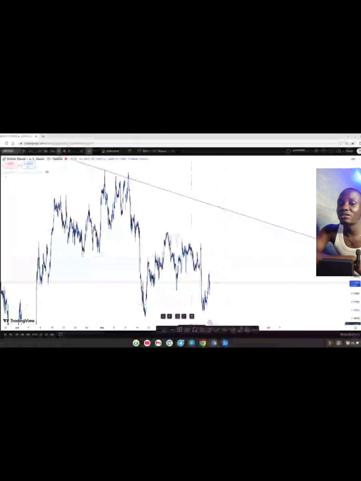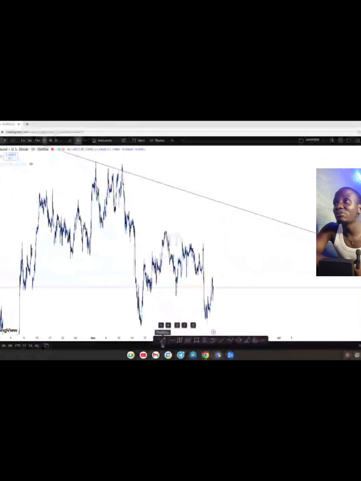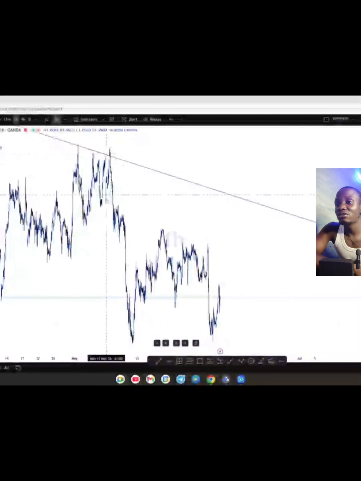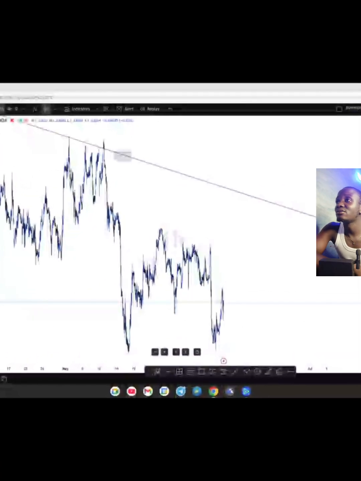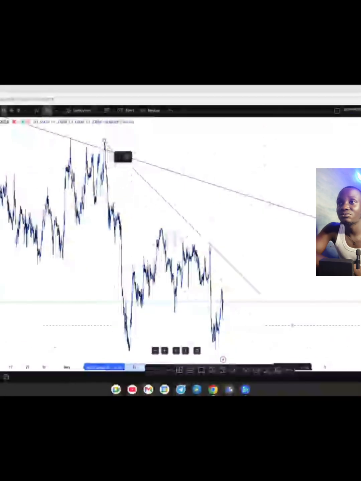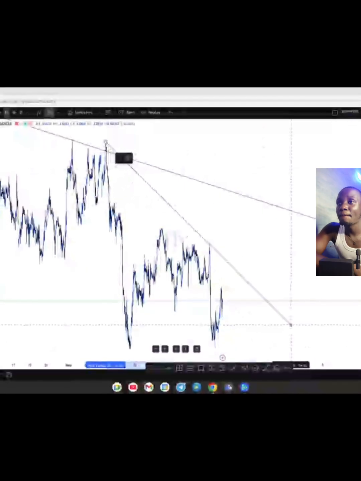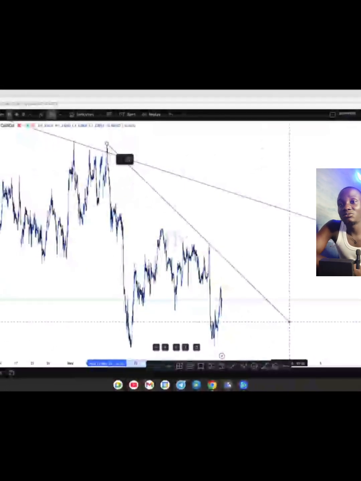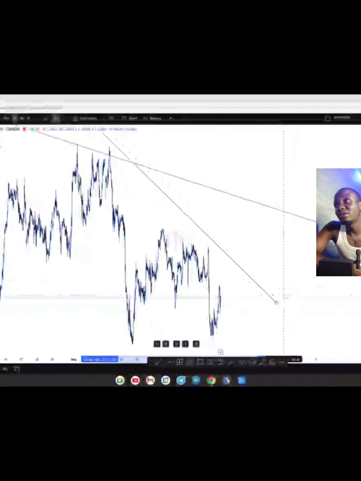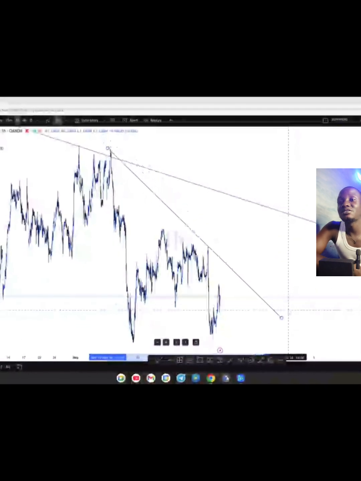In this 1 hour counter trend line, I will mark out this point, and to this one. So that's what I will be looking at for today, because I've gotten my counter trend line at this point.